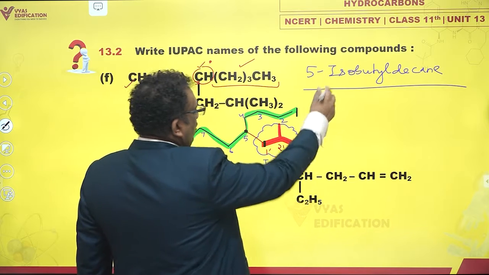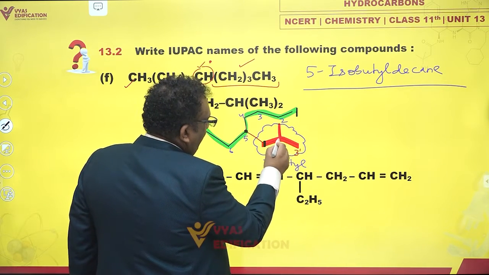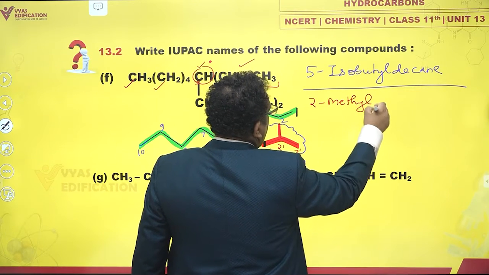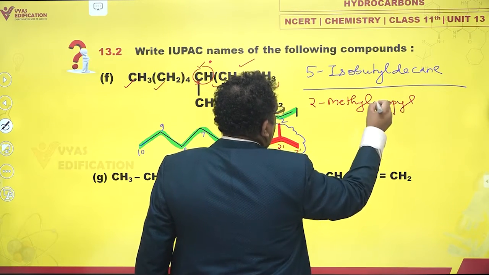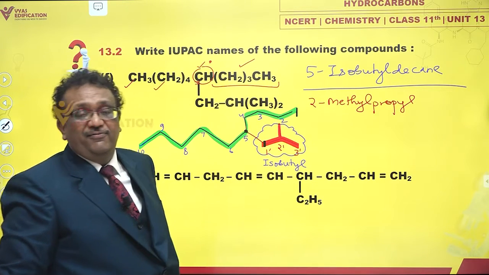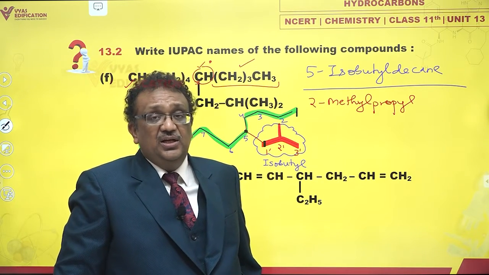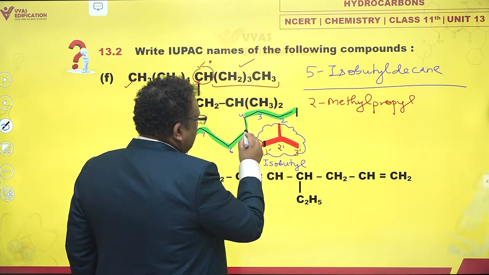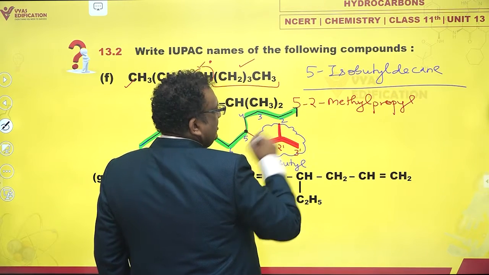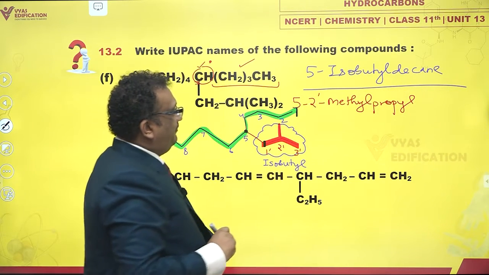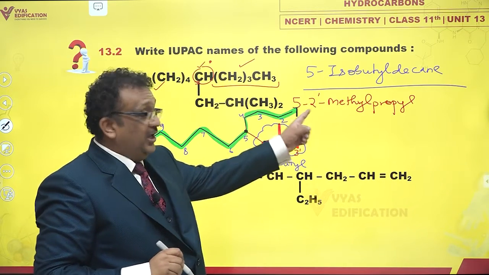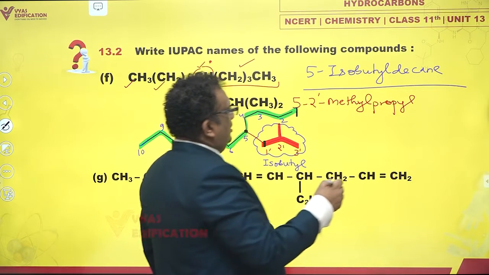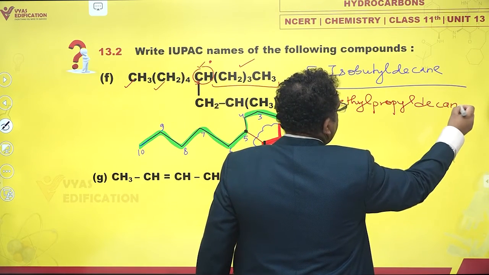So instead of isobutyl, I can call it 2-methyl propyl. Why do you put dash? Just to make sure that we highlight the fact that this numbering is not the main chain but the side chain numbering. And this entire group is present on number 5. So you can call it like this: 5 2 dash methyl propyl decane.